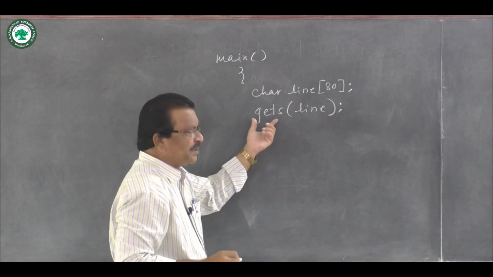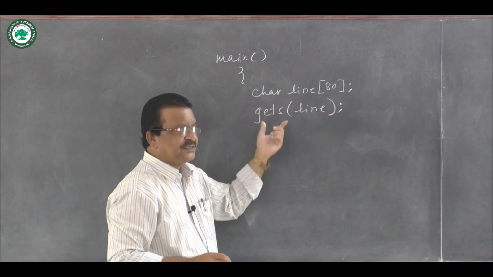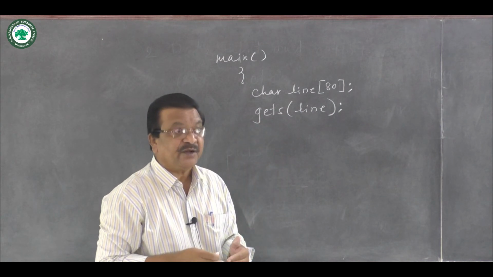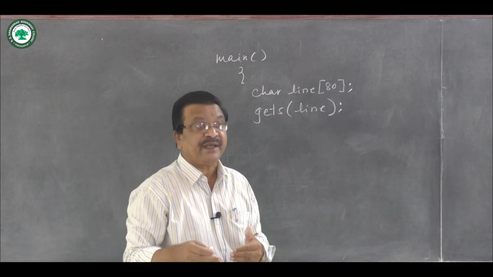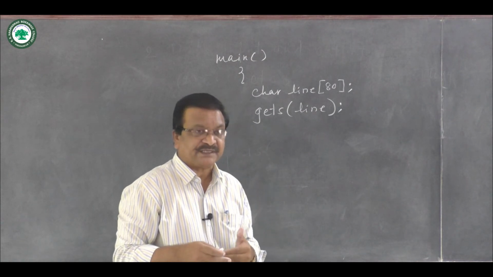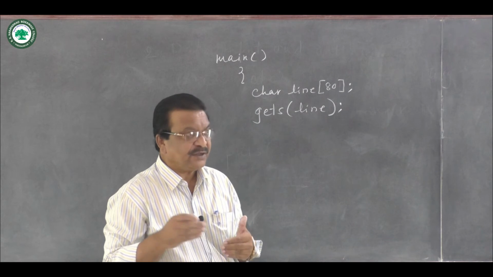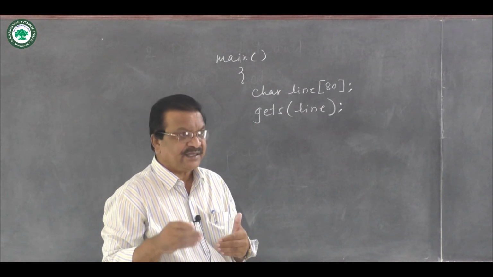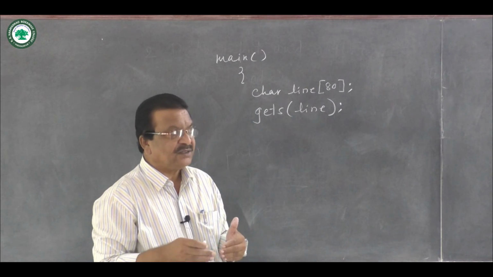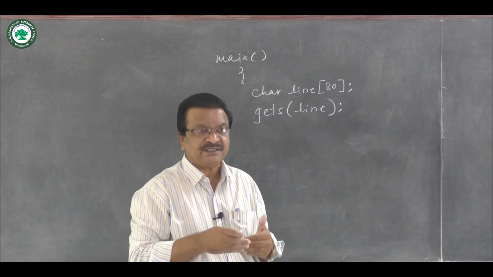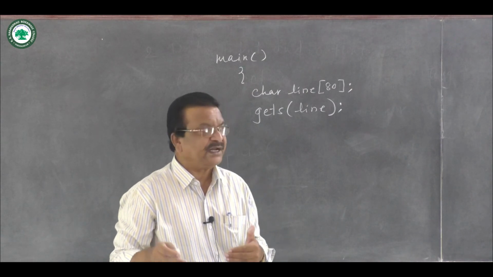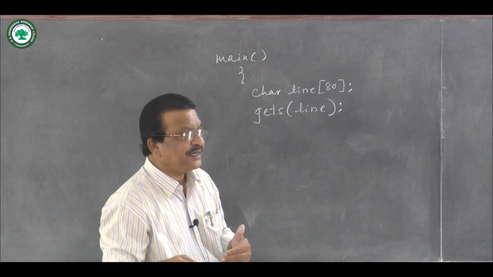By this function gets, you can enter a string of up to 80 characters, which may or may not contain blank spaces. When you press the enter key, only then will the string end. Otherwise, you may enter a string of characters, with or without blank spaces, up to 80 characters.